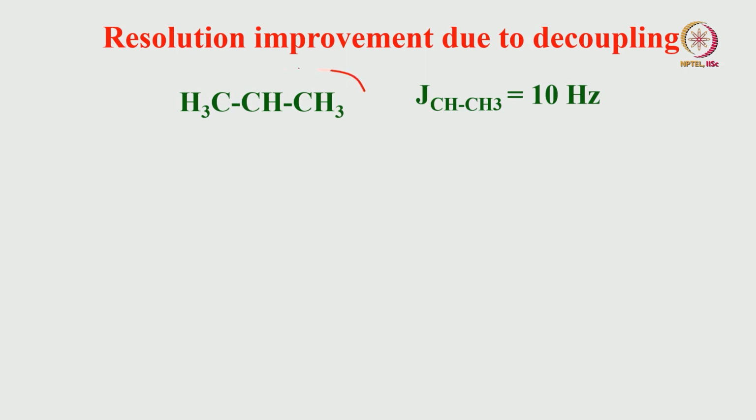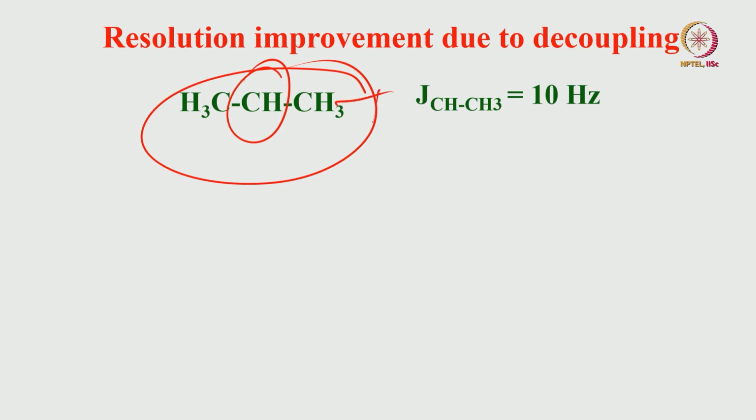Consider a molecule like this. I look at the proton, don't worry about symmetry and everything. I assume that there is no symmetry, X and Y is there or something. If you break the symmetry, this CH proton is coupled to two CH3 groups with equal strength, let us say 10 hertz, then it is going to be a septet.